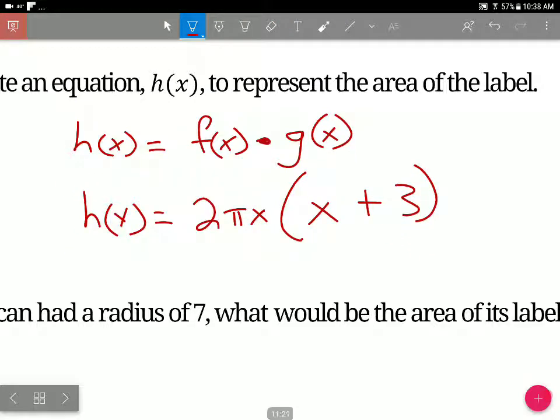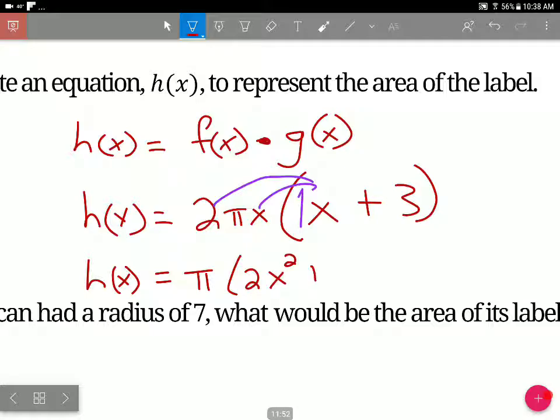Cool? So here's what I'm going to do with this. To clean this up, I'm going to leave the pi out front because I don't want to multiply by 3.14. And I'm going to distribute the 2 and the x. Okay, so like 2 times 1 is what? 2. X times x is x squared.